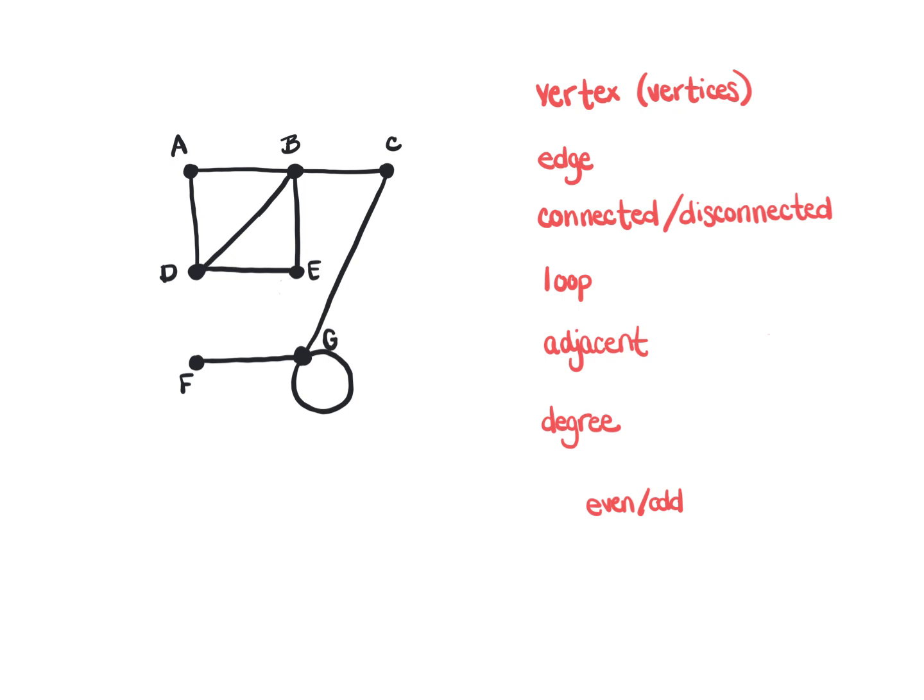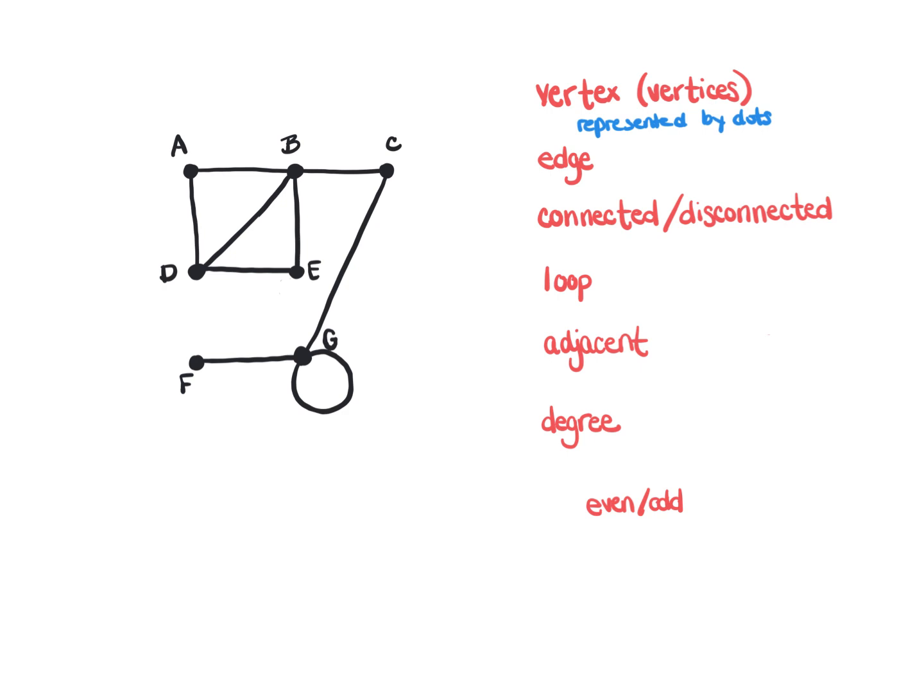So let's look at some vocabulary, and we'll also relate it back to that example that we just did about the handshakes. So when we have a vertex or vertices, which is the plural, those are represented by the dots. And those dots can represent a number of things in terms of a scenario that we're actually trying to model.